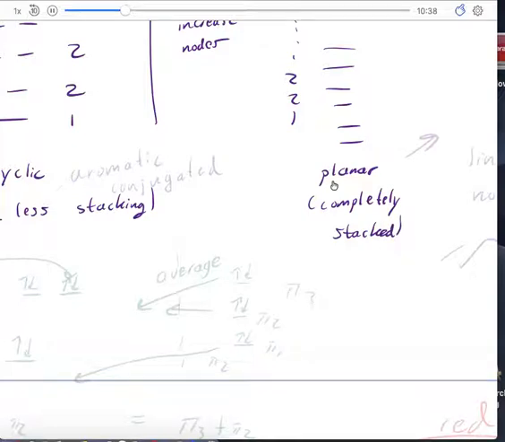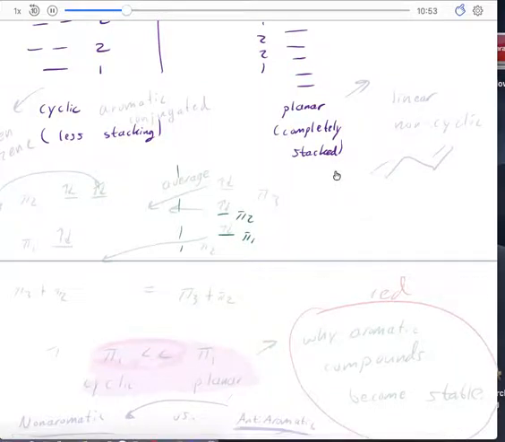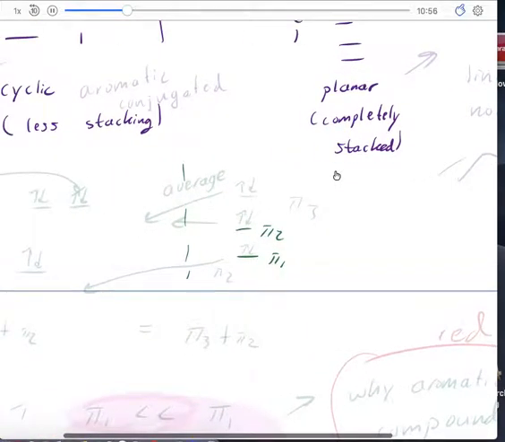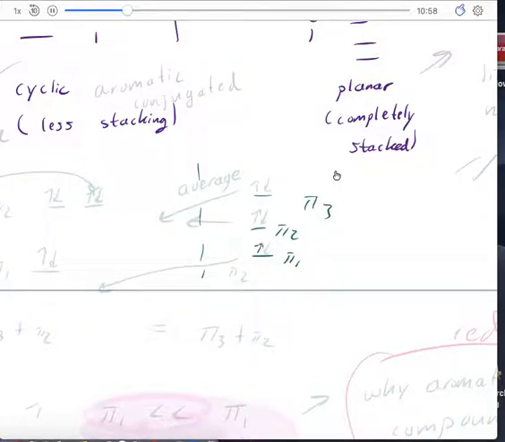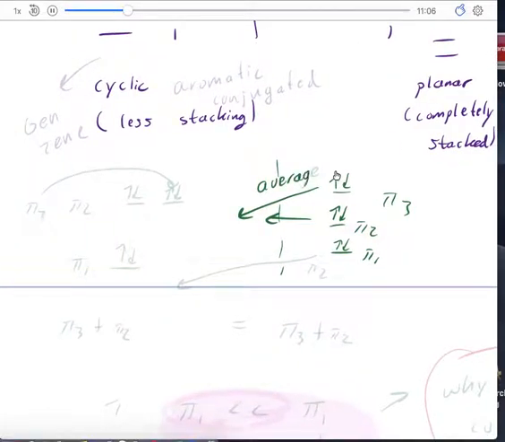And when we compare these orbitals with each other, the linear species with the cyclic species, something special actually happens. We'll take pi 1, pi 2, pi 3, and they all just line up nicely. In the aromatic compound, both of these will kind of average out, notice I said kind of, into pi 2 and pi 3, which is this one right here, and they'll take the same shape.